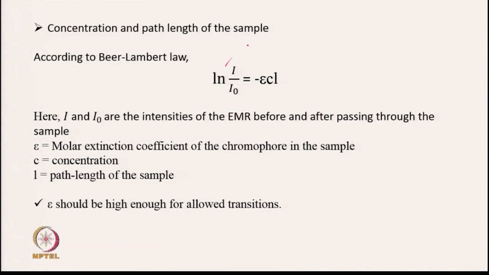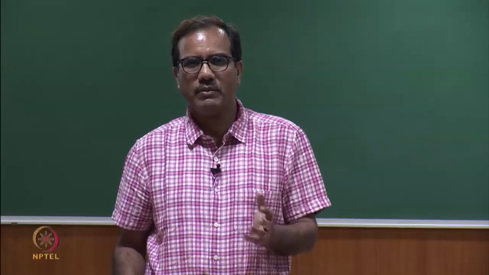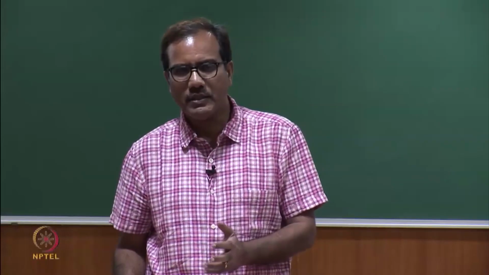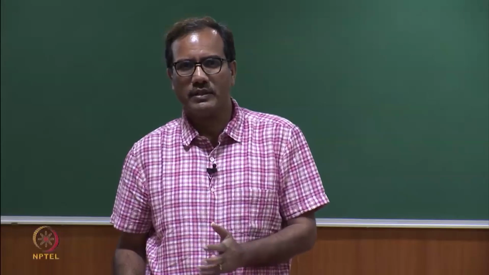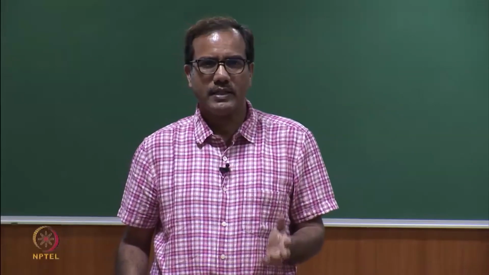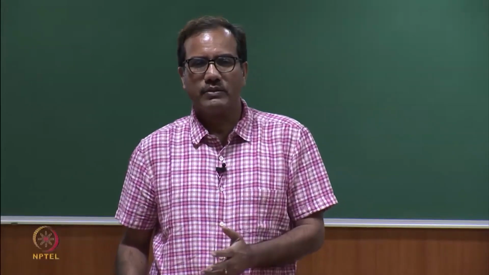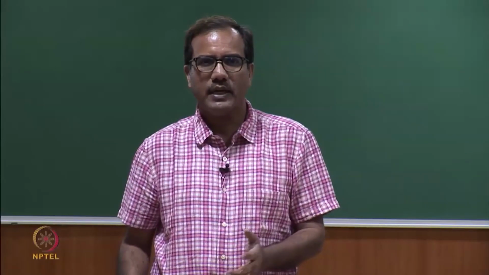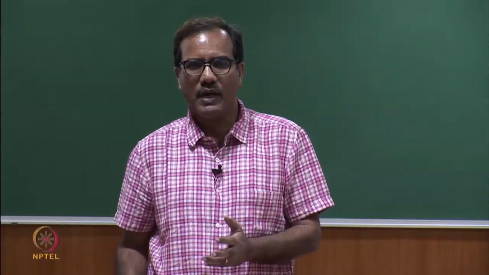Epsilon is the molar extinction coefficient, C is concentration, l is path length. So, epsilon would be high for allowed transitions. If concentration is high, then again absorbance is going to be high.